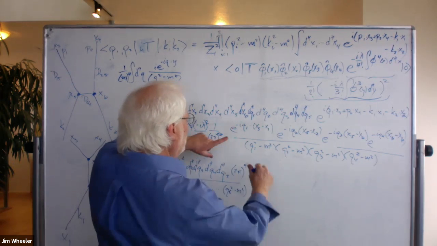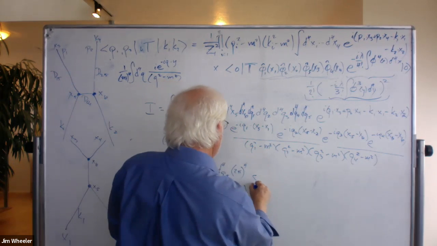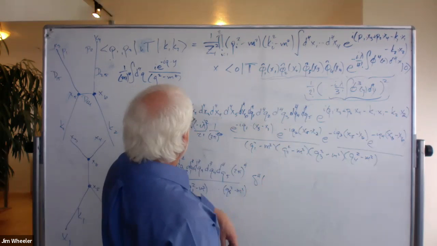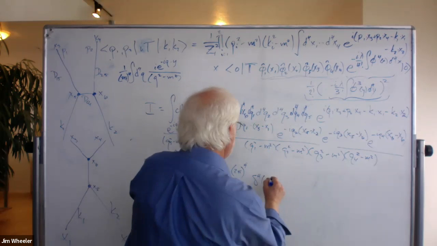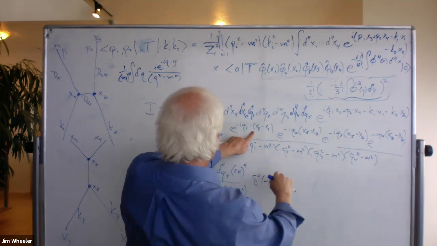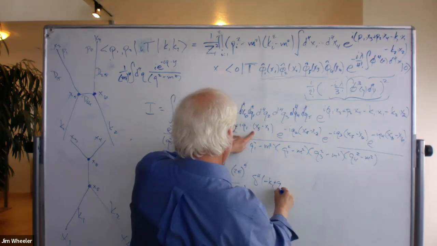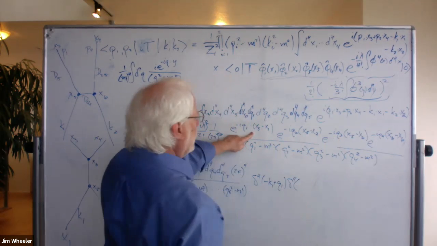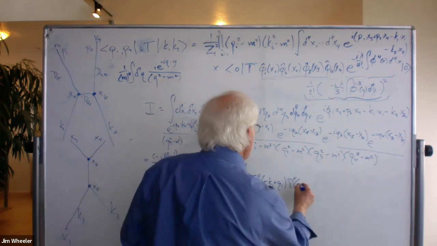Okay. Now, del 4 at, okay, let's just take them one at a time. X1, we have a minus K1 plus Q1. Del 4. Okay, X2, we have minus K2.